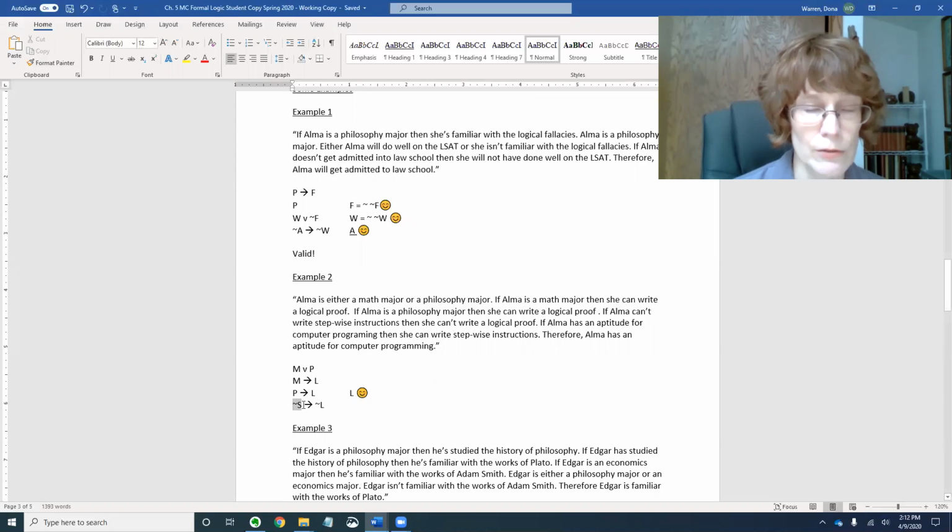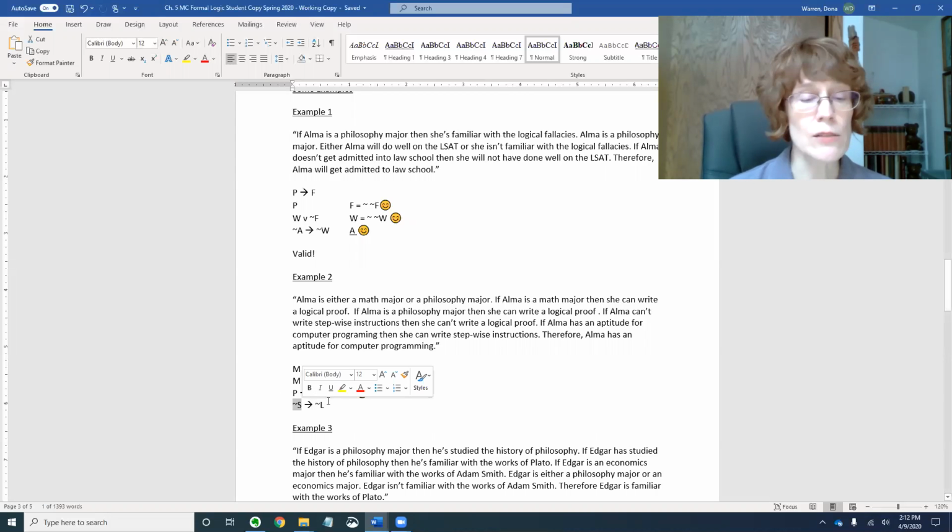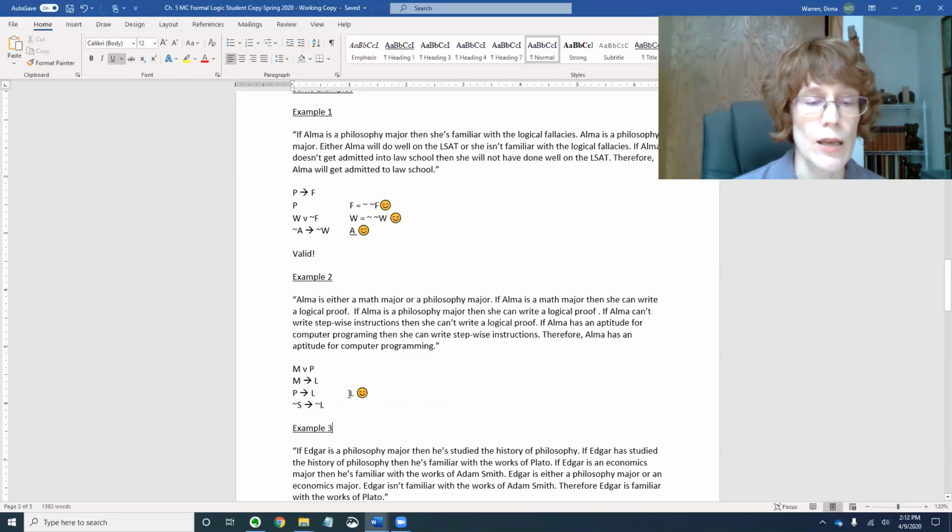If front is tilde S or not S, then not L, back part, but we've already proven L. So we have an if front then back and the opposite of the back part, so we can conclude the opposite of the front part, which would be what? Well, the opposite of not S is just S. And that would be valid.